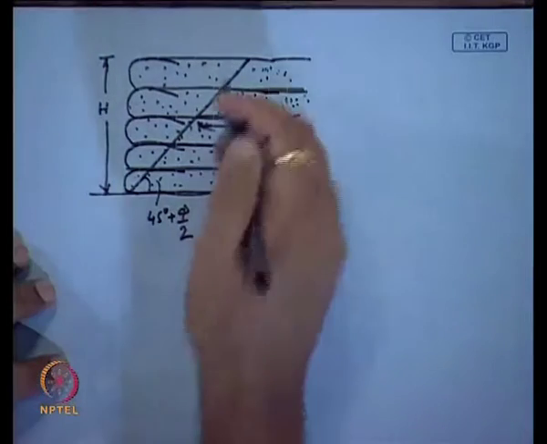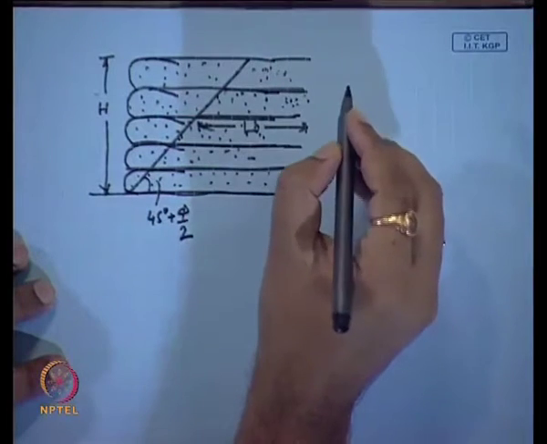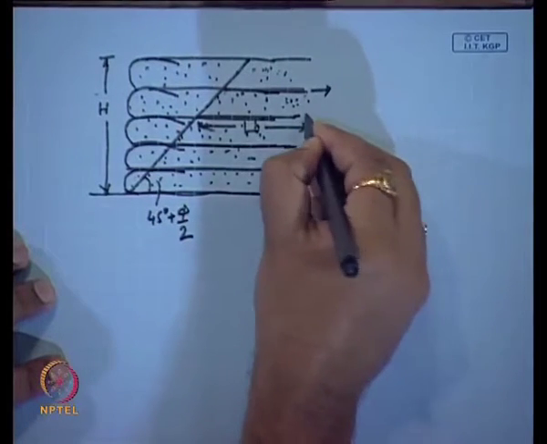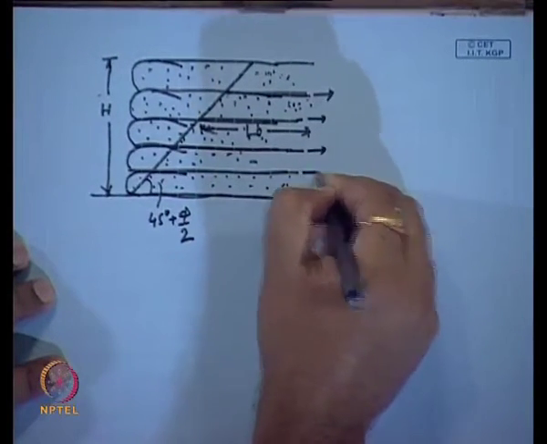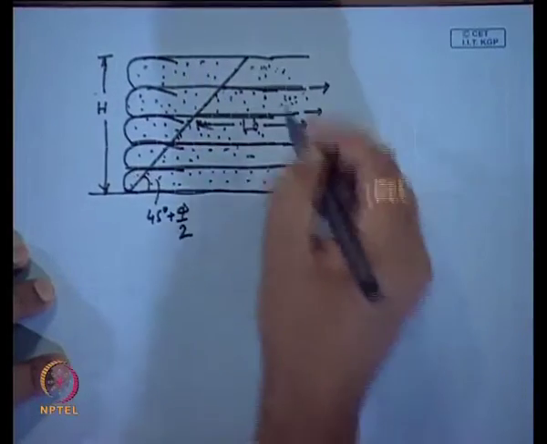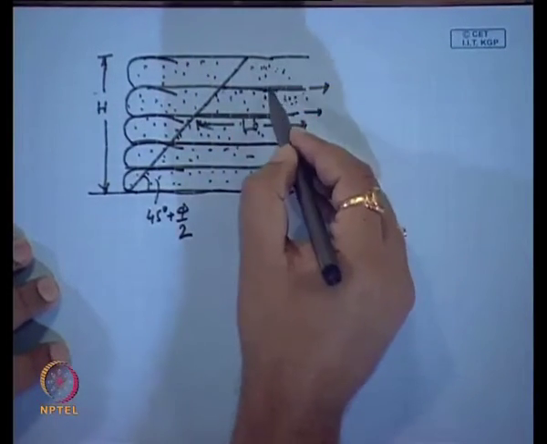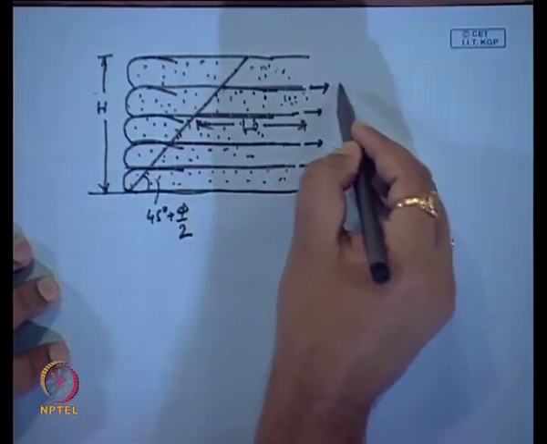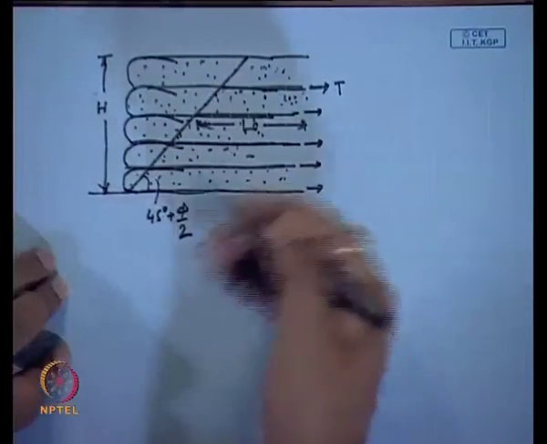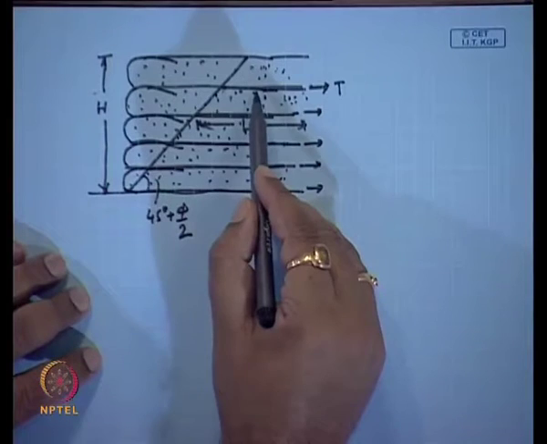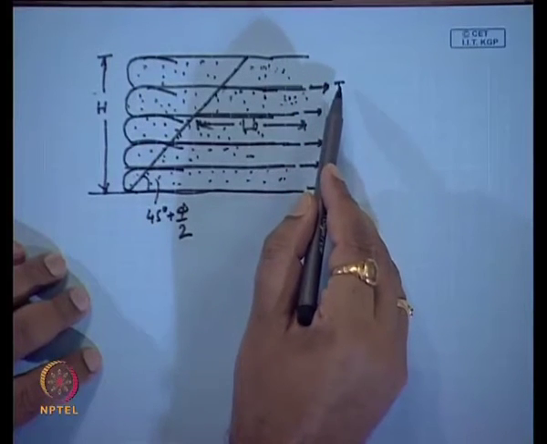So, what will happen? A tension is developed, and this anchorage force or tension that is developed is T. That means we have to provide reinforcement such that it can sustain this tension.